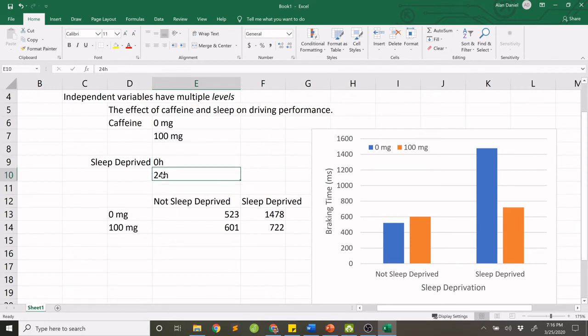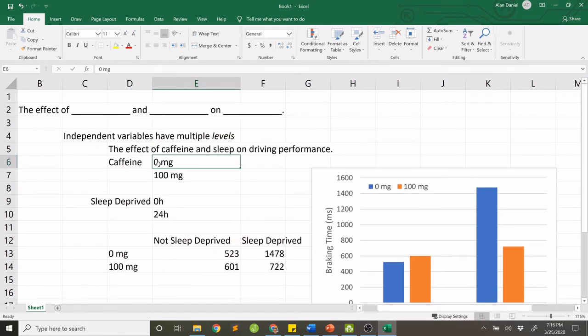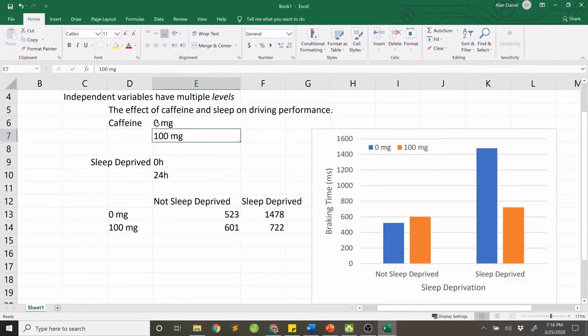What it means is that the effect of sleep deprivation on driving performance can be understood by looking at the influence of caffeine.